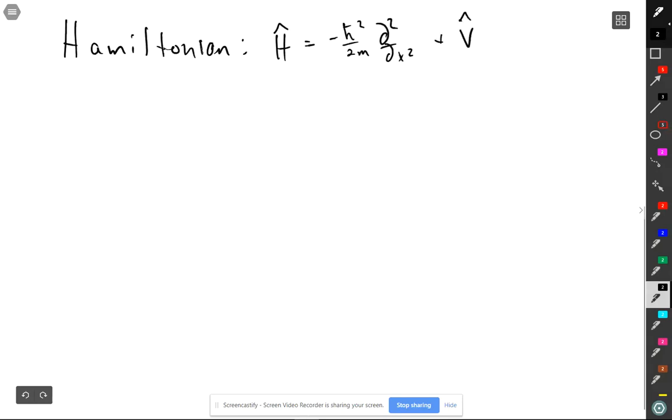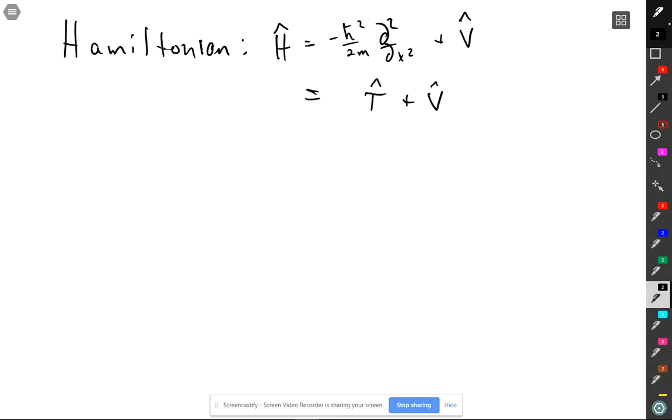And so I'm going to put a V hat over there for the V operator. So that's always been what we've been doing. Or another way of saying it is the kinetic energy, that's not a T, it turns out. The kinetic energy operator plus the potential energy operator.